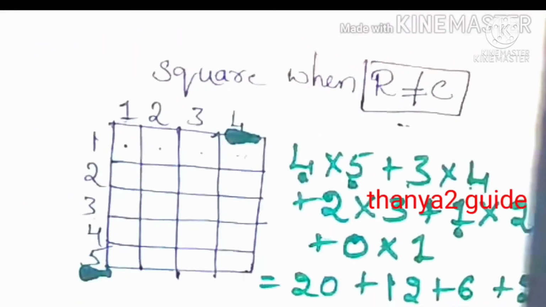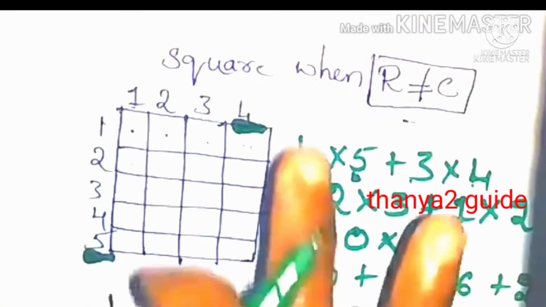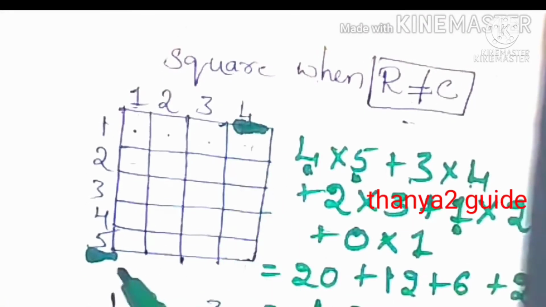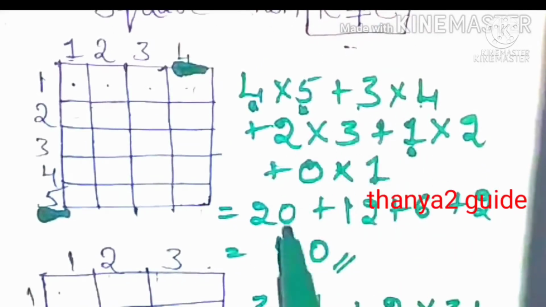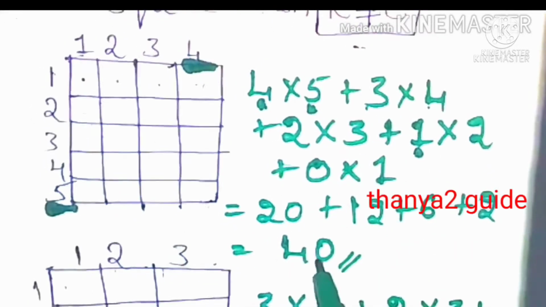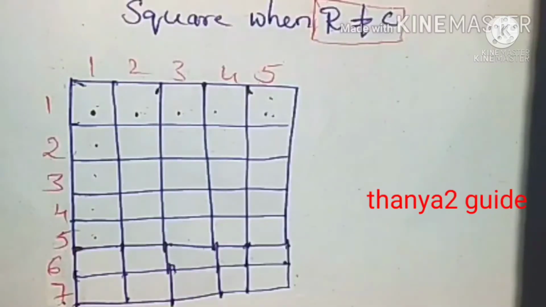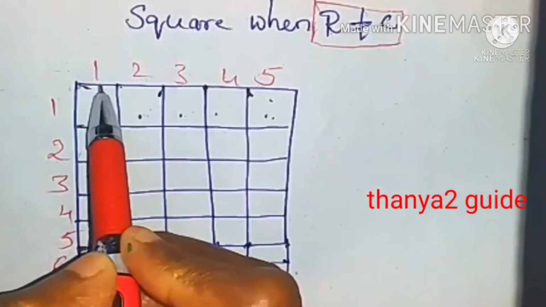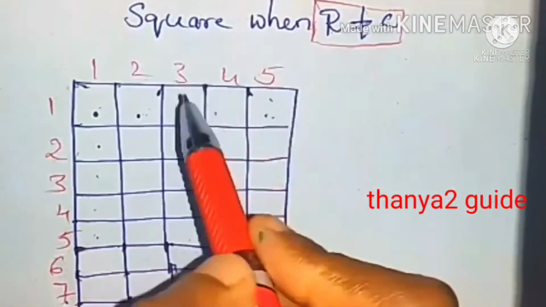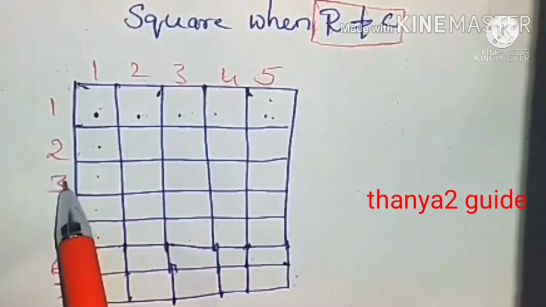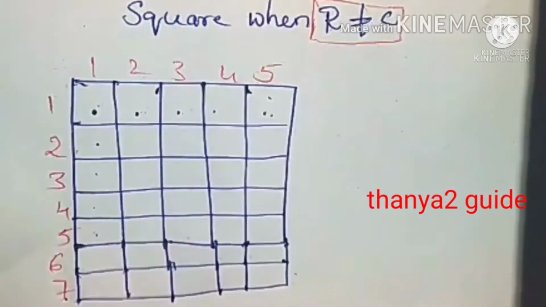So now what we have to do is, when rows and columns are not equal, take the highest from column and highest from row and subtract 1 from each of these values and repeat the process. Here is your homework: 5 columns and 7 rows.